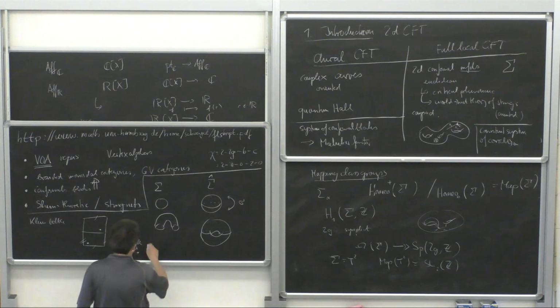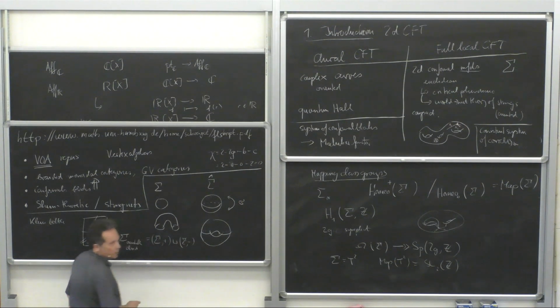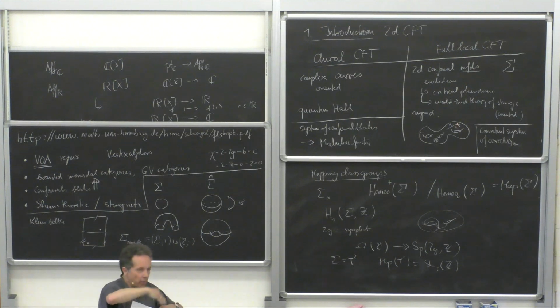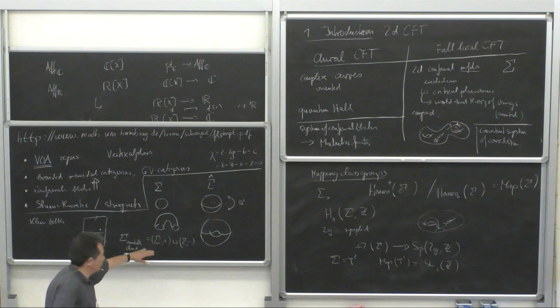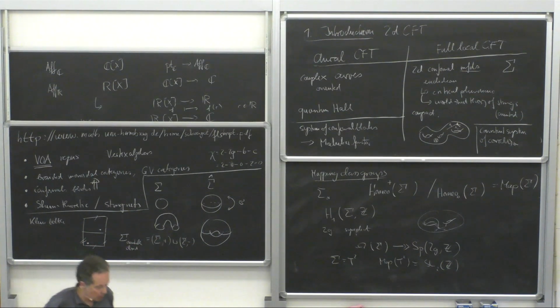So in this case, I get sigma with one orientation, disjoint union, sigma with the other orientation. This is very geometric. You take simply for every point, and it's in every orientation you take a point in a twofold cover. An orientation of sigma, by the way, would be a section in this bundle.